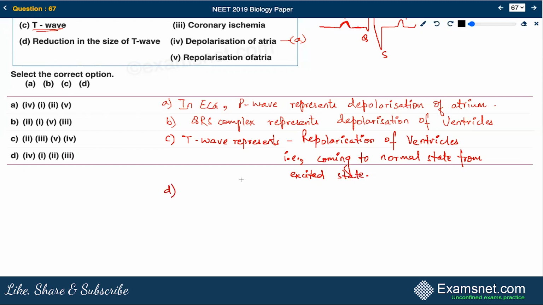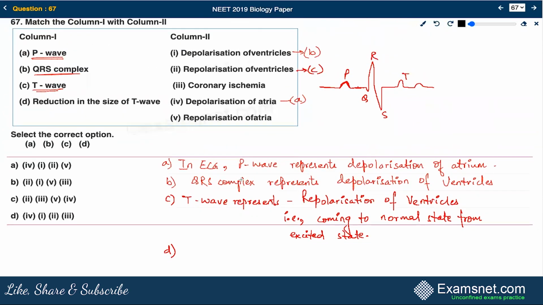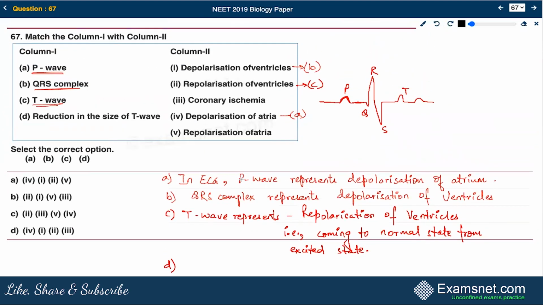And the last option says the reduction in the size of the T wave. Now, if there is a reduction in the size of the T wave, then this will indicate a kind of defect, because any deviation in this entire ECG from the normal process of waves will indicate a kind of disease.